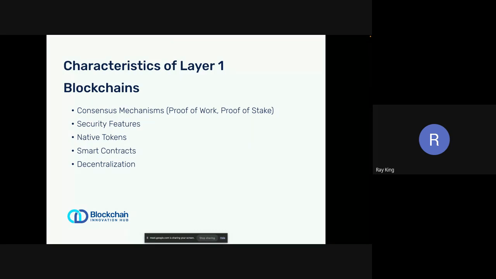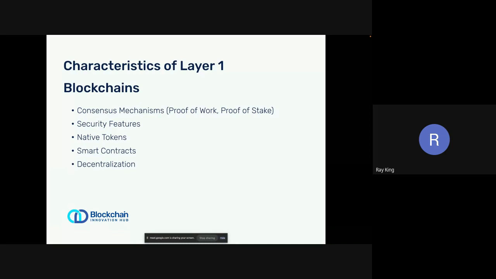Now, the second characteristic of layer one blockchain is what? Security features. All security features are characteristics of layer one. Layer one is responsible for establishing the security measures that make the blockchain resistant to attacks.